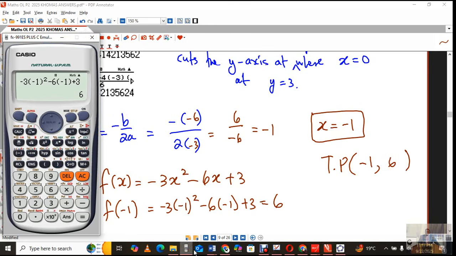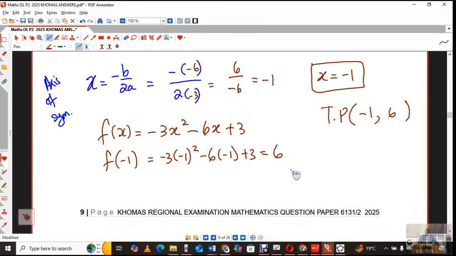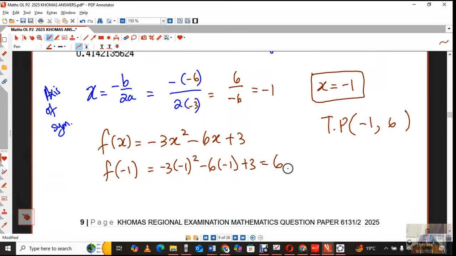So now I have my turning point, so I know where my graph will be. Before I show you what I did over there, my graph will be something like this. Just want to show you.